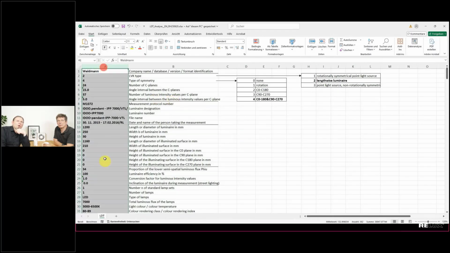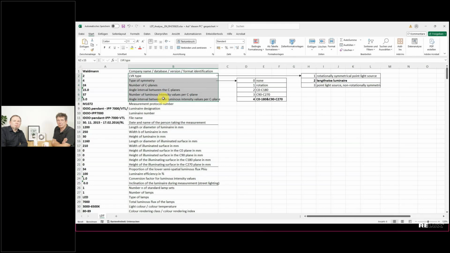Here we have the Ulmert file. It's the same one we have seen on the first page with the 3D object in Relux, and which is also the same as this 2D diagram. And here we have all the information of the Ulmert file, in these lines. Starting with the company name, here we have some fundamentals about the distribution, so how many planes, how many angles, and what is the distance between angles and planes, and also about the symmetry.